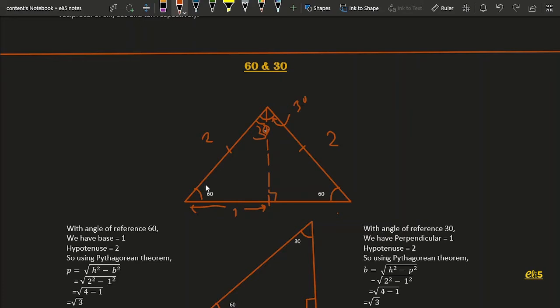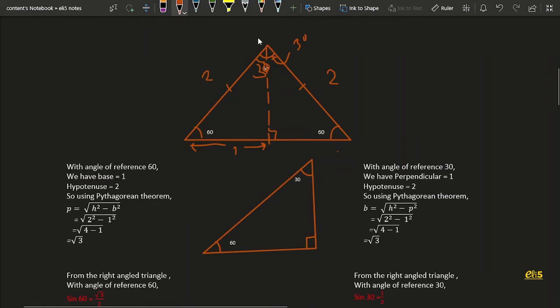We have taken each side to be 2 centimeters, so it is bisected and we will have 1 centimeter on each part. Now once we take this half part of the bisected equilateral triangle, we get a right angle triangle with this side equal to 2 units and this side equal to 1 unit.